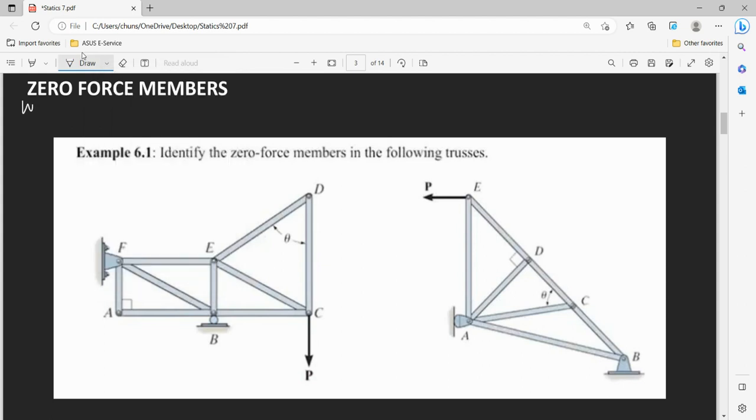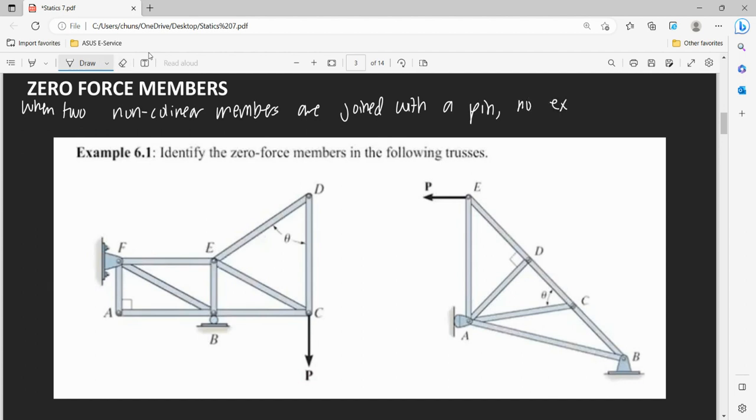So when 2 non-collinear members are joined by 1 pin, and no external load is on the pin, one beam is cancelled.